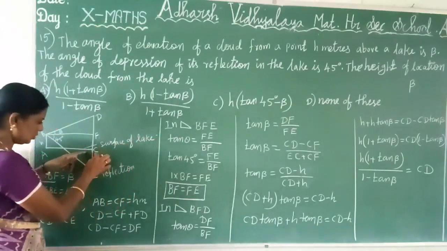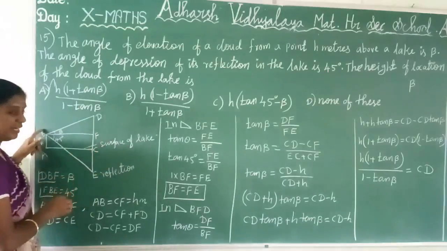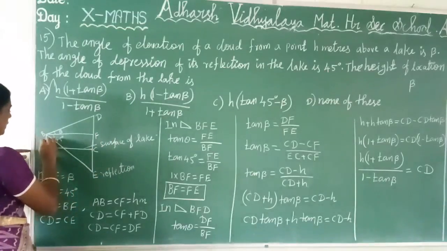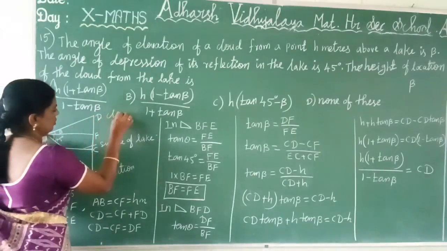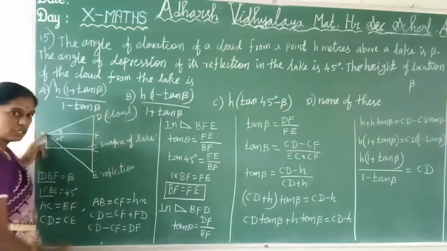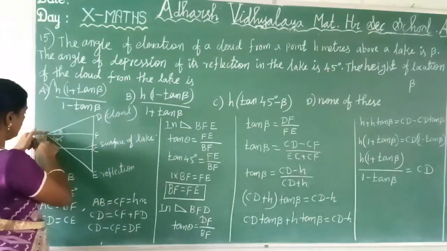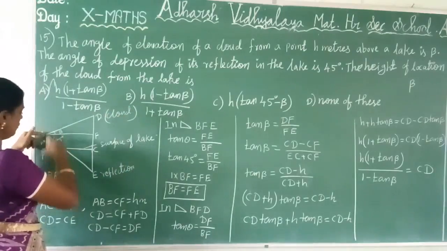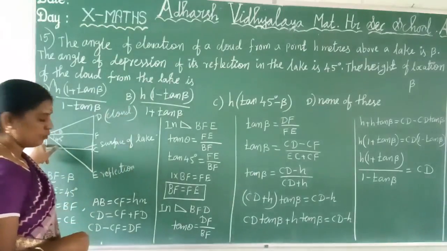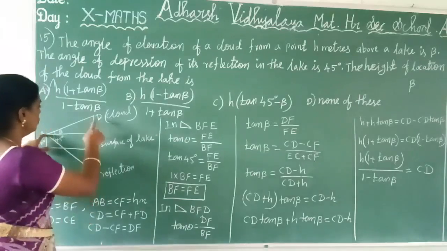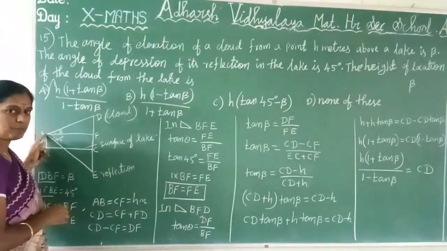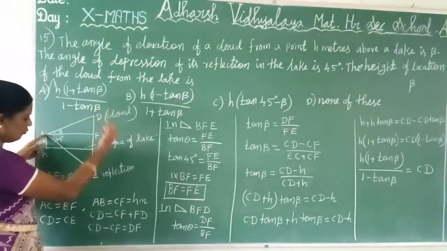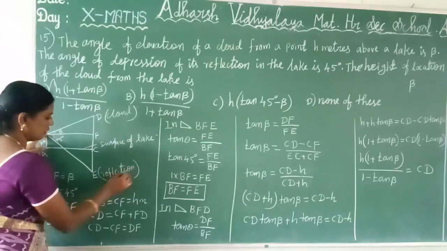So above the surface of the lake is h meter. From this point to this, D is the cloud. C is the cloud. From this point, h meter above the surface level, from point B to see the cloud, the angle is beta. Clear?